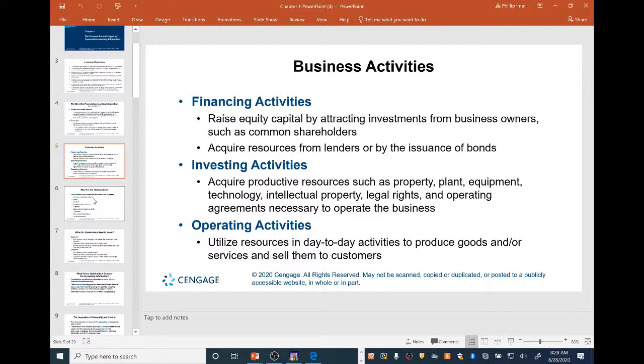So number 1 was, in terms of the business activities, describe the different types of business activities and explain the types of cash inflows and outflows for each of the following activities.